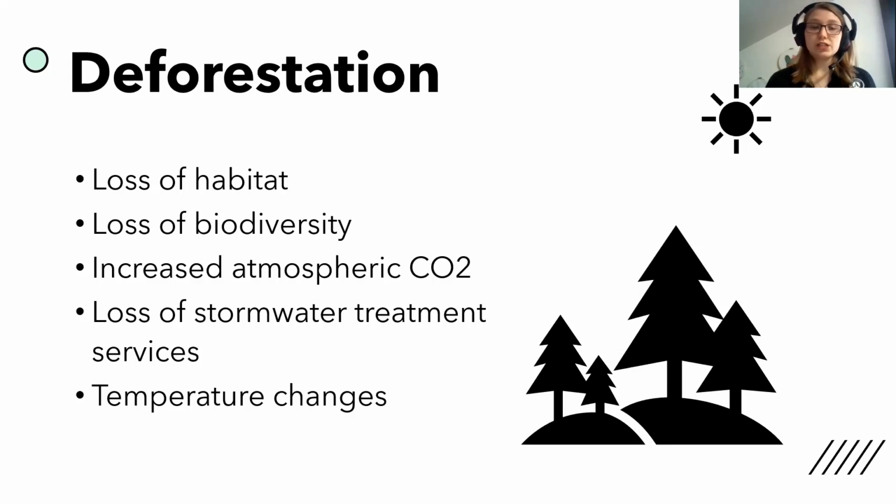In addition, trees provide a lot of shade and temperature regulation, so we can actually change local temperatures by cutting down large amounts of forest at the same time. Along with that, when we decrease the habitat, we can jeopardize the ability of different organisms to thrive in that environment, and that can put their ability to survive at risk and lead to a loss of biodiversity.